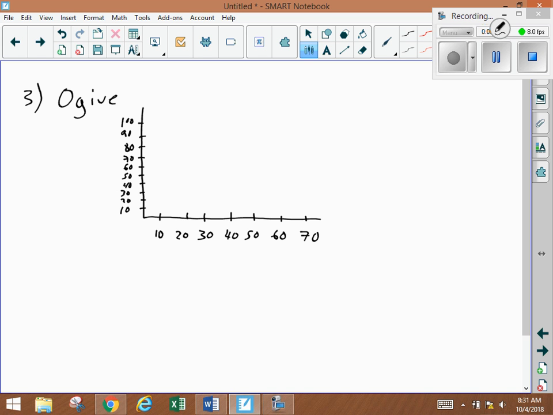Okay. Yeah, this is percentages. It's your cumulative frequency. But these are percents.